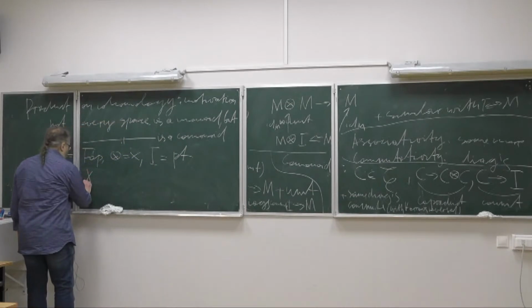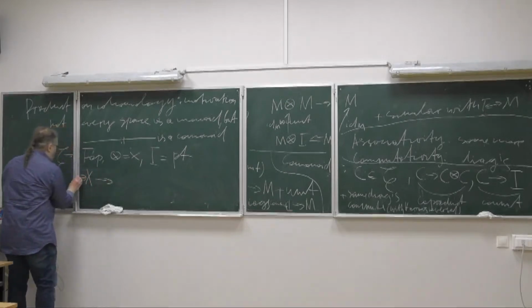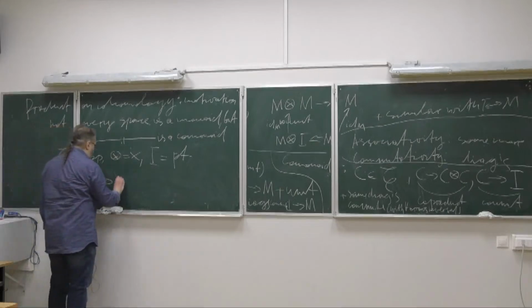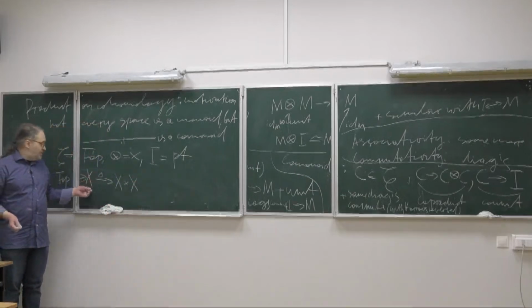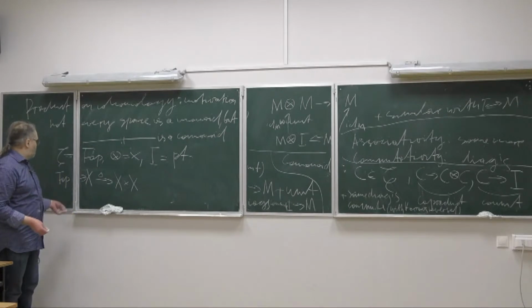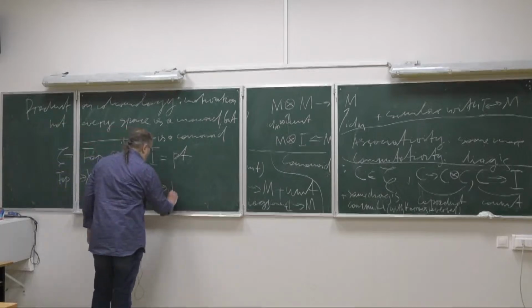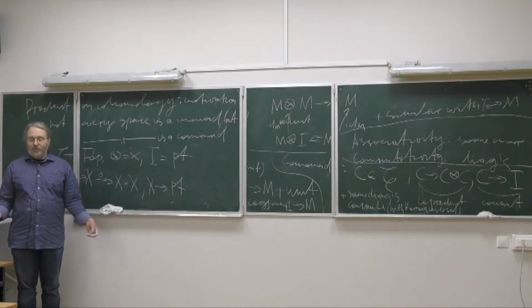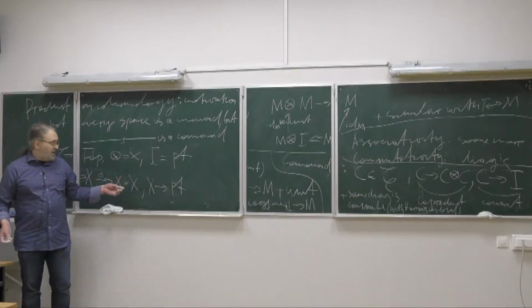And then for every x, I have the diagonal map, which goes from x to x squared. I also have the unique map from x to pt, the one-point space.